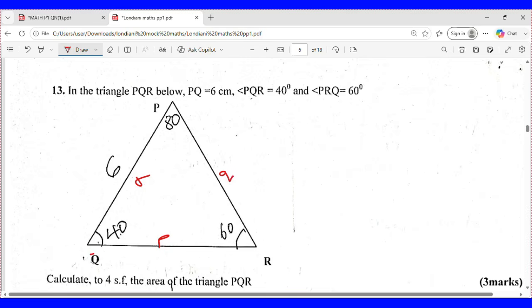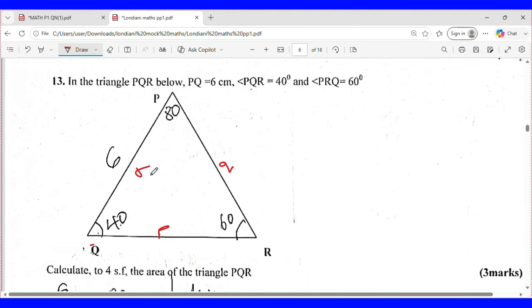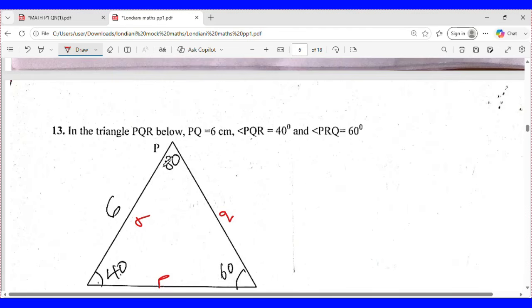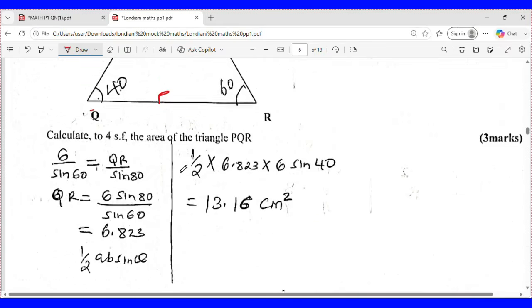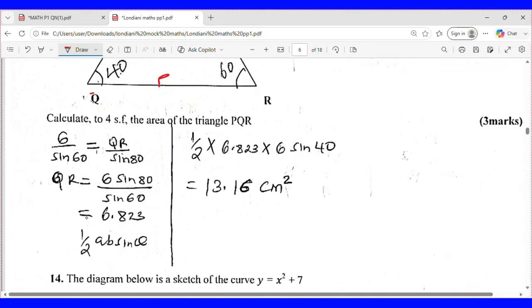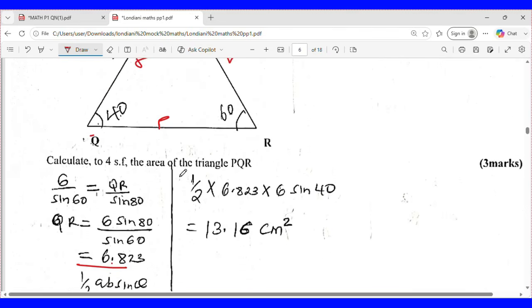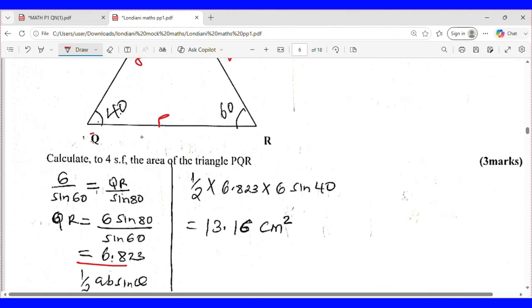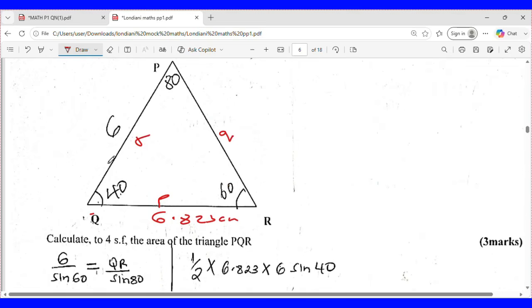It means that r, which is 6, divided by sine 60 would be equal to q over sine 40, or equal to p over sine 80. So we realize that this side QR is 6.823 centimeters.